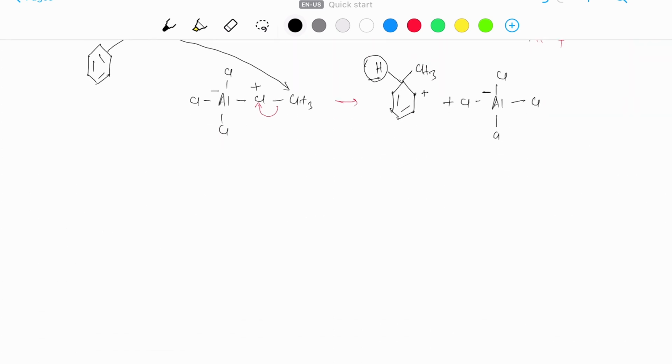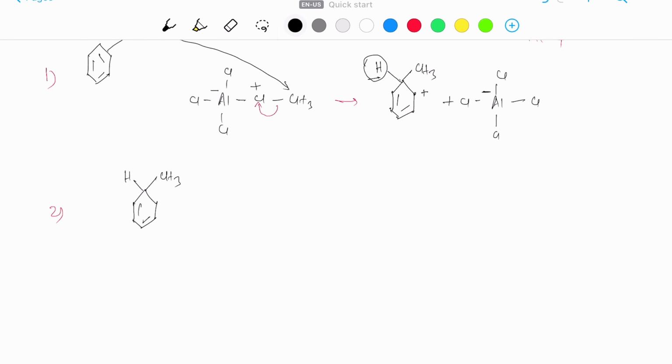Now, this is our first step, right? Now in the second step, we have, let's say, this benzene ring. We have a CH3 here, and we just drew this hydrogen like this so that we can show how this hydrogen is removed from the benzene ring.